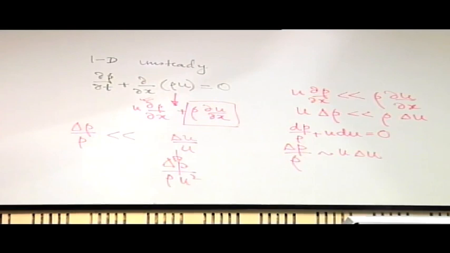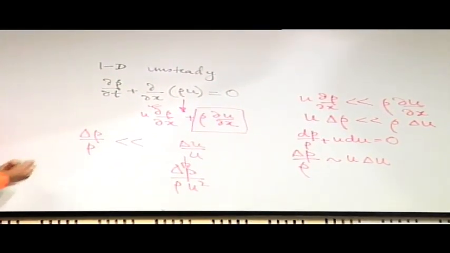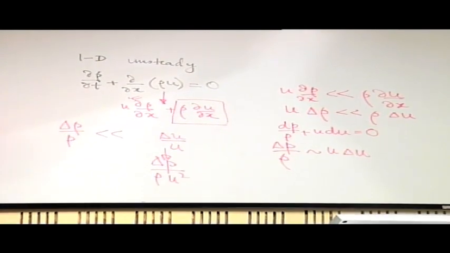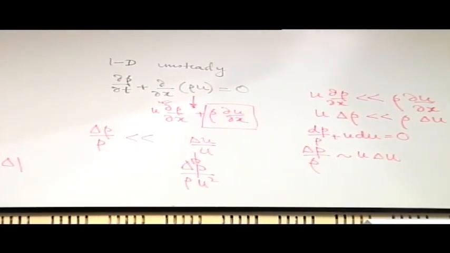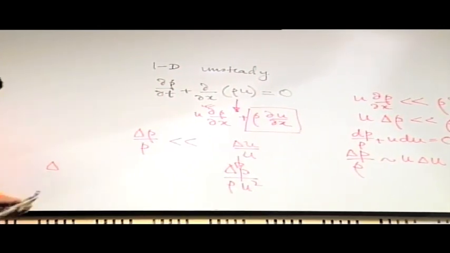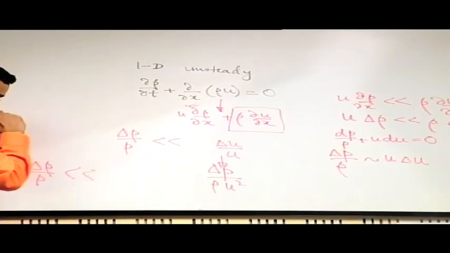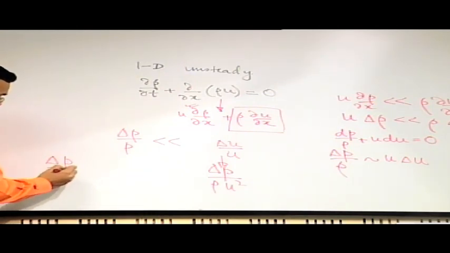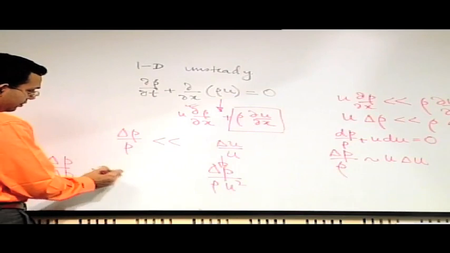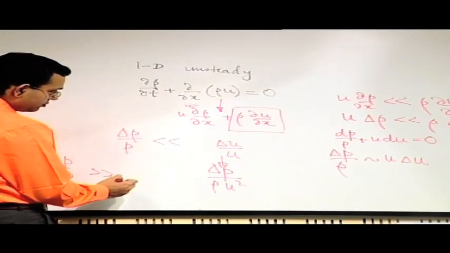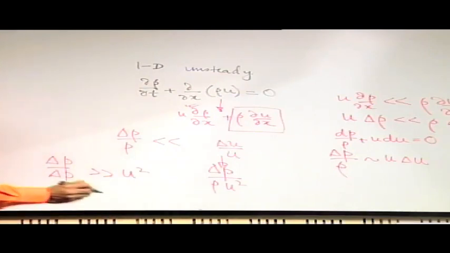So from here what we can say is that delta rho by rho is less than or equal to, or we can simply rewrite it in terms of delta P by delta rho is much greater than u square, right.